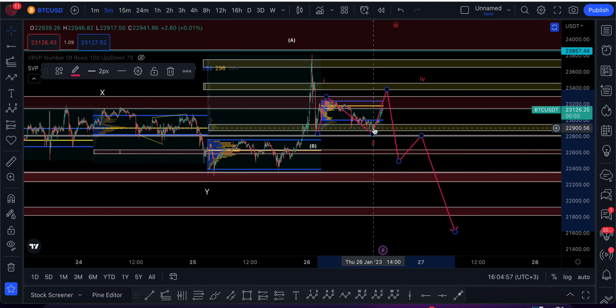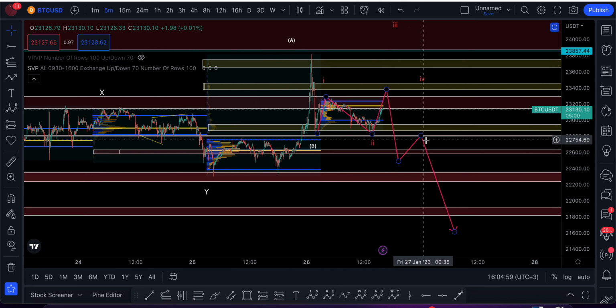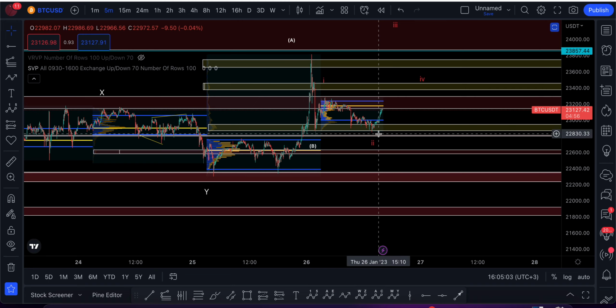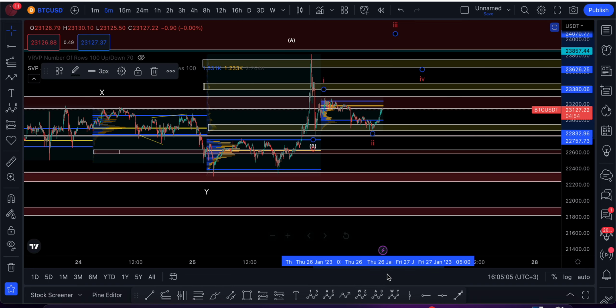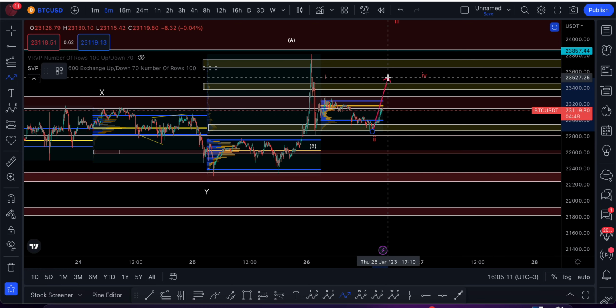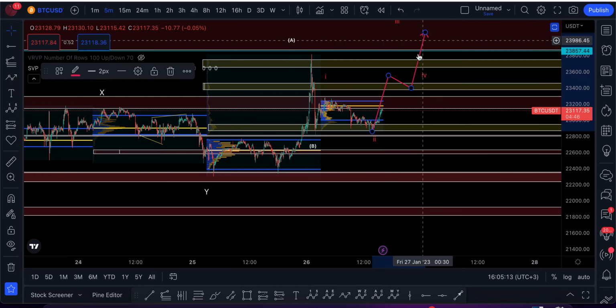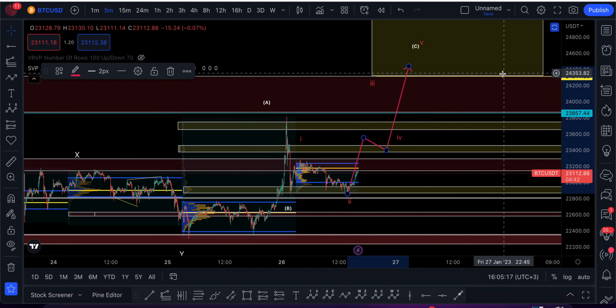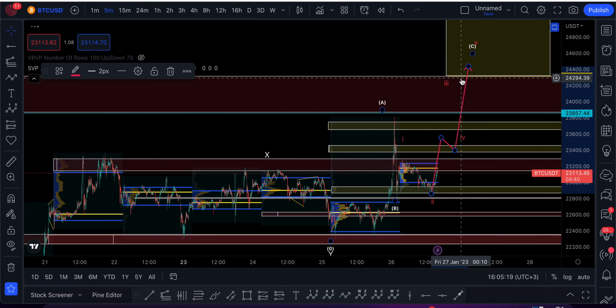If we don't break this low, then I would be expecting this move to be the beginning of an impulsive wave to take us to the 24K area. So from here, we'll keep on pushing higher and go further up into this box around the 24K area.